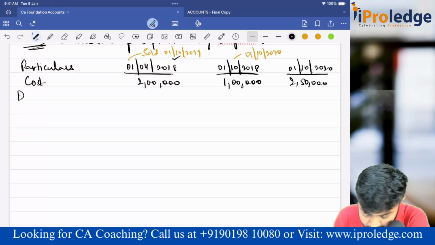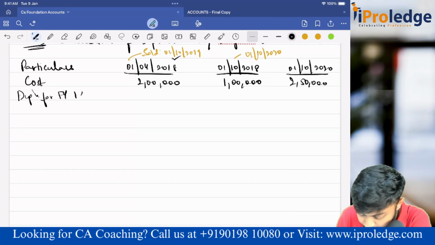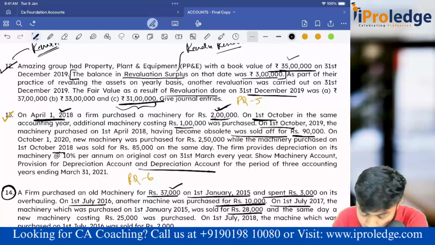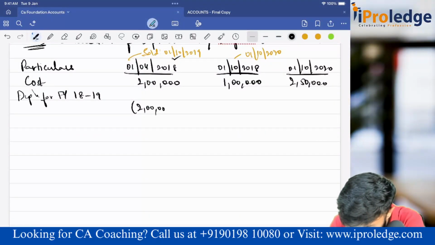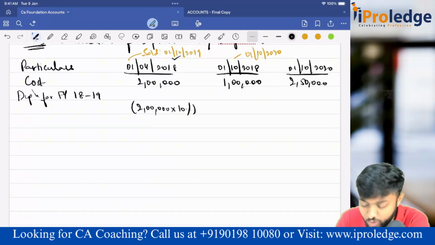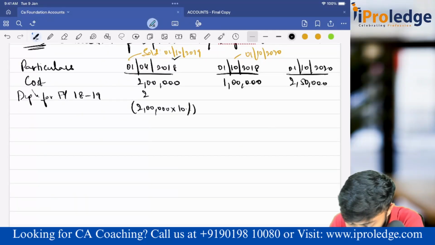First, depreciation for FY 18-19. Depreciation is 2 lakh into 10%. Full year depreciation, yes, purchased on 1/4/18, so full year depreciation, that is 20,000.